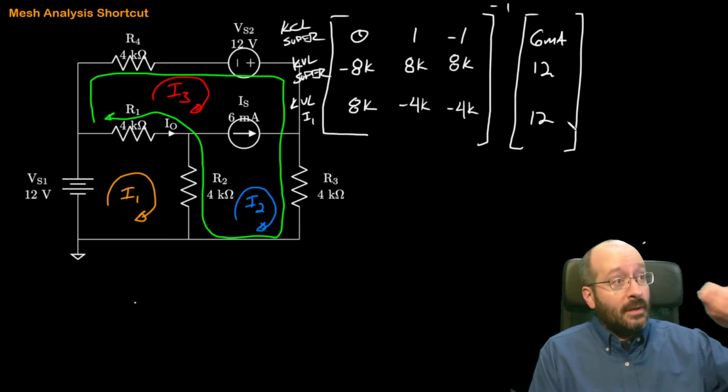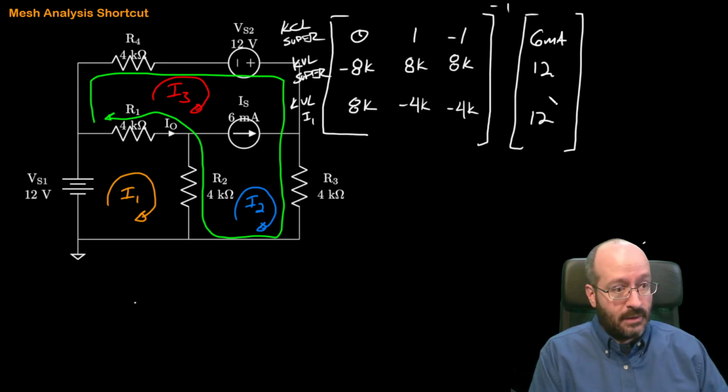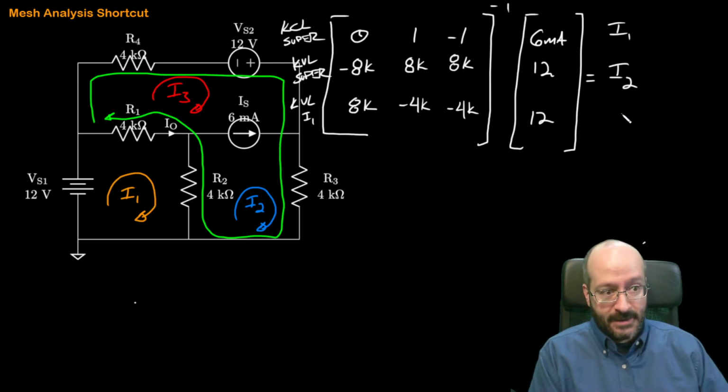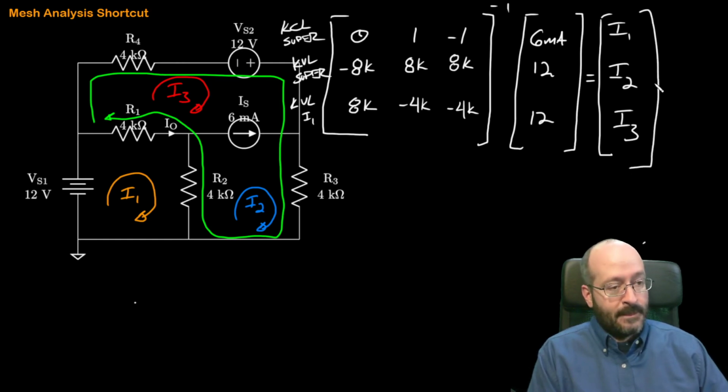Okay, let's see here. Yeah, this looks good. Can I squeeze it in up here? So this is going to be I1, I2, I think I can. And I3. And what is it going to be?